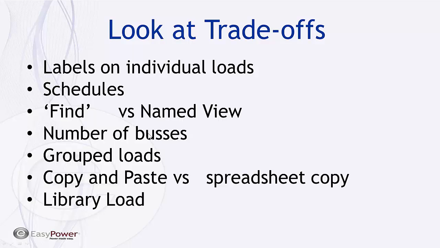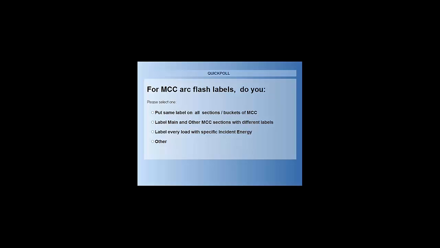Again, we talked about the number of buses and the trade-offs involved there. The ability to do group loads is not that much different, and we'll show that. But there is the ability to use copy and paste and library loads when you're in a spreadsheet mode a little bit differently.